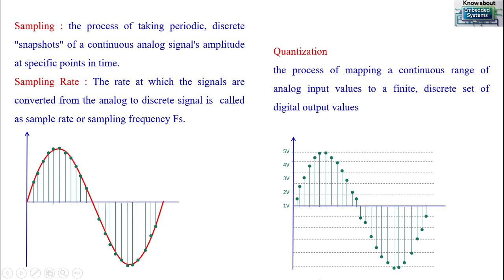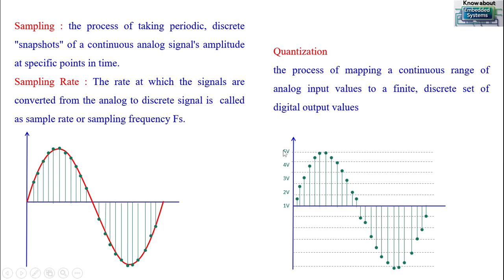Quantization means, as I just told, equating your discrete signal to its equivalent voltage. The process of mapping a continuous analog input to a finite, discrete set of digital values is called quantization. So these are all my sample signals, and I am going to assign, or equate, them to their equivalent voltage.